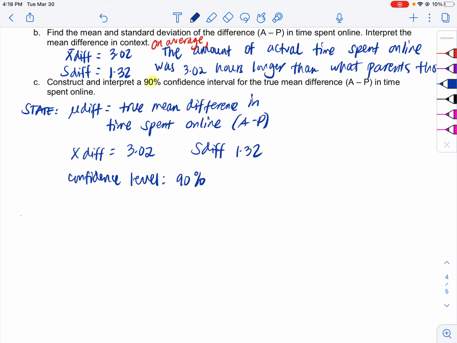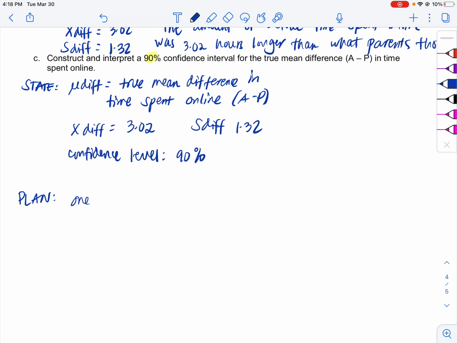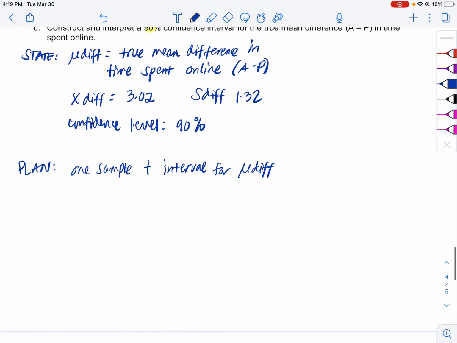Let's go with plan. Plan is one sample t interval for mu diff. And then, was it random?